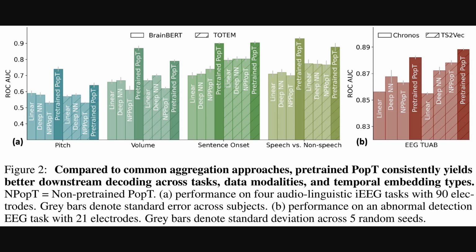Across various temporal embedding types, which summarize single-channel activity like BrainBERT or Totem, the pre-trained version is clearly superior. Panel B then shows a similar pattern for detecting abnormal brain activity using electroencephalography, or EEG. That's brain activity recorded from the scalp, where pre-trained population transformer again leads.